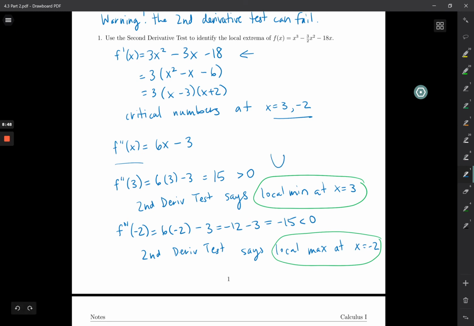That means concave up, and so you're going to get a local min because it's going to be the bottom of that U. And if it's concave down, of course you get a downward facing U, and so you get a local max at the top there. Okay, so we will do the next example in the next video.